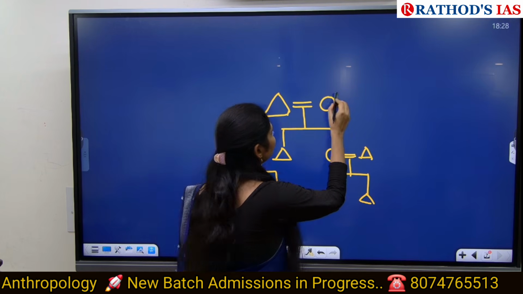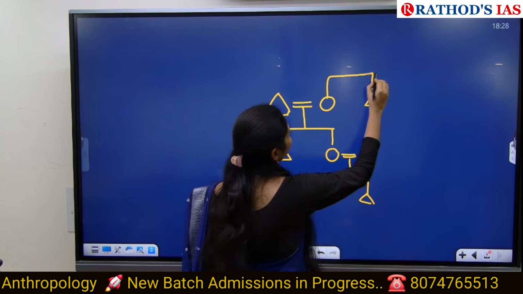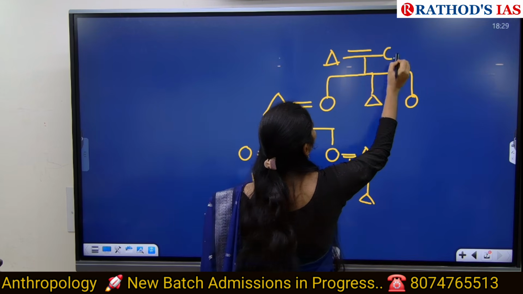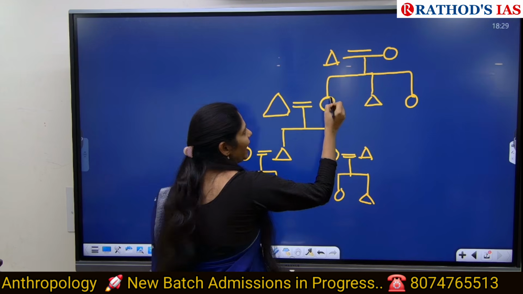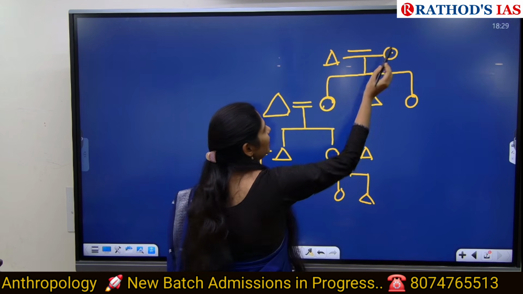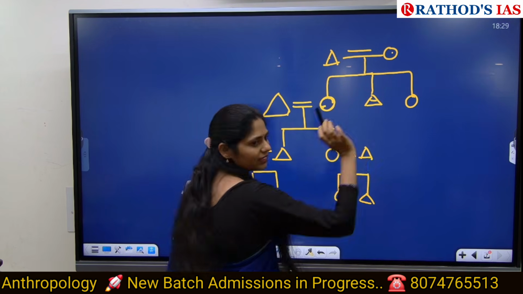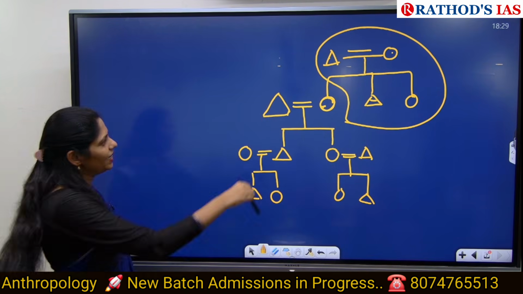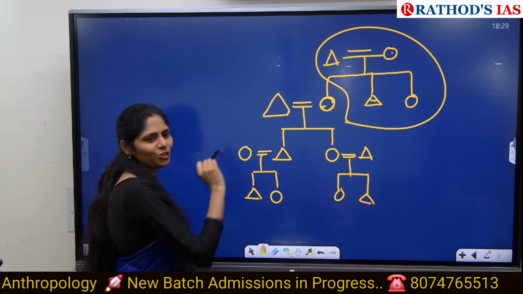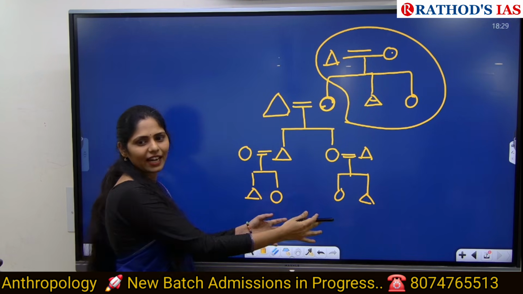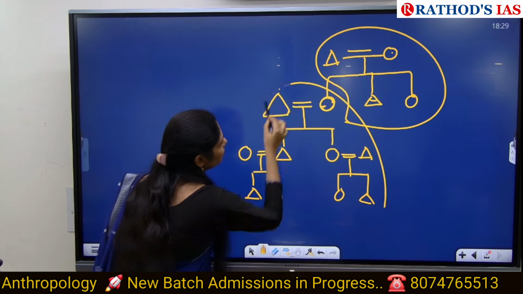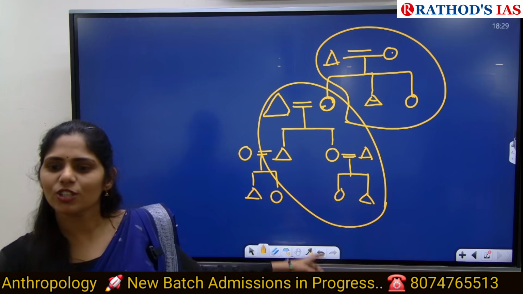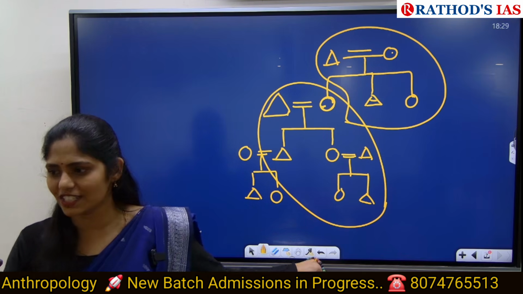For this mother, she will have a brother or sister. So this will be wife's father, wife's mother, wife's brother, wife's sister. So this will form affinal relations. But here, my son, my daughter, my grandson, my grandmother, they are sharing the blood. So this will form what? Consanguineous relations. So this kind of diagrams we will draw in an interesting way.